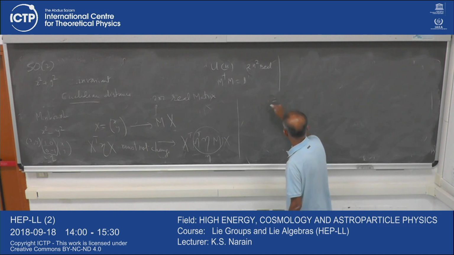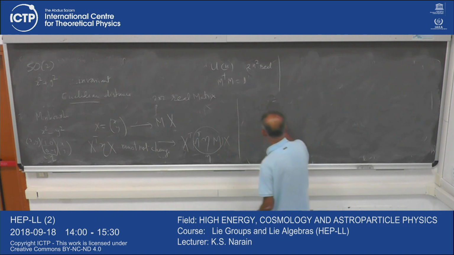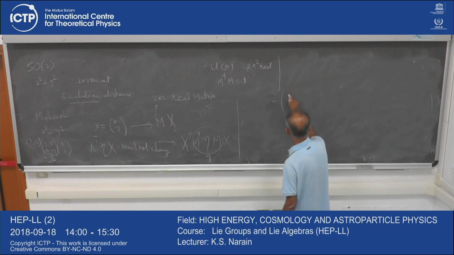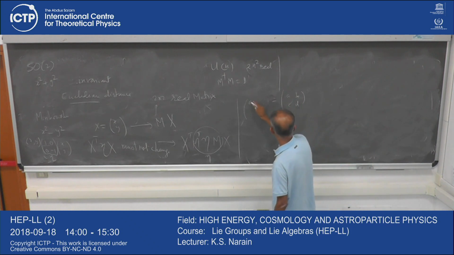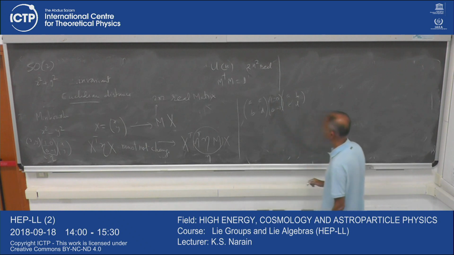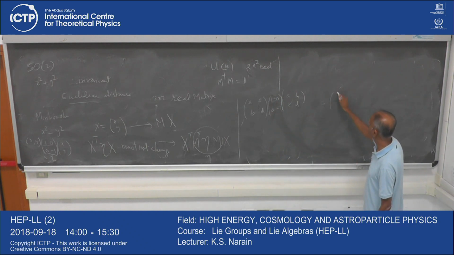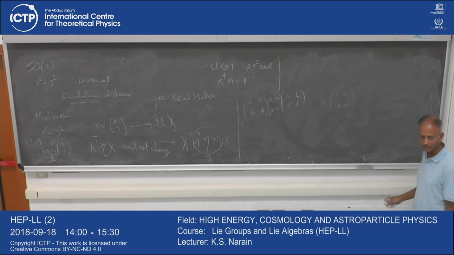For example, we can just try to see that. So if m is, let's say, a, b, c, d, then the transpose will be a, c, b, d, and I have this eta, 1, 0, 0, minus 1. This should be equal to 1, 0, 0, minus 1. That's what we are saying.